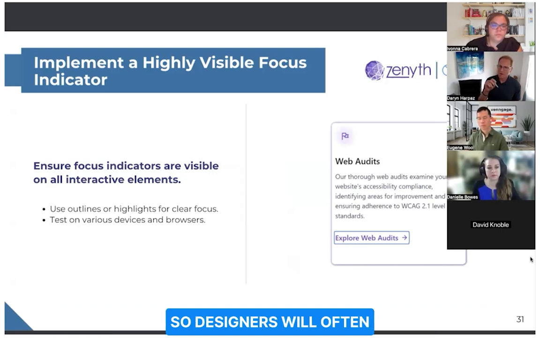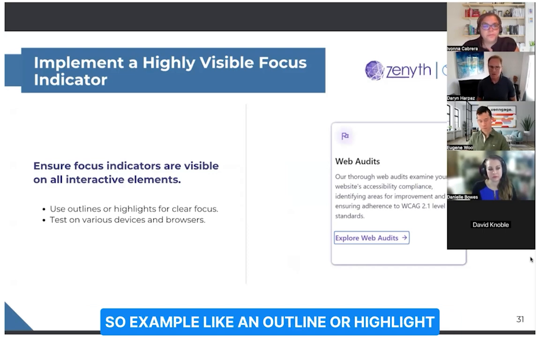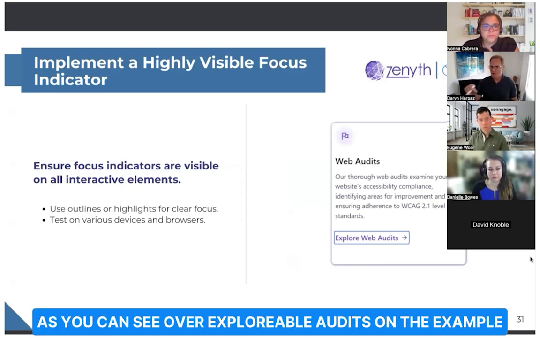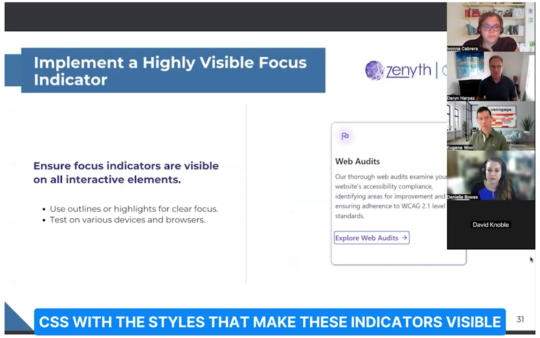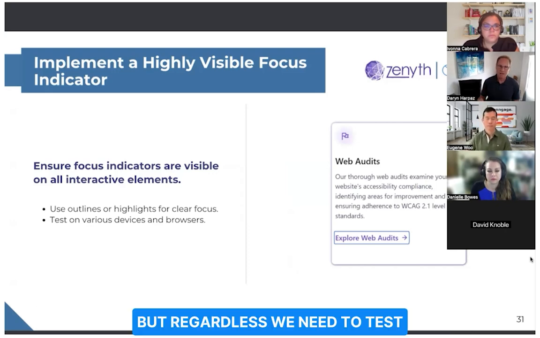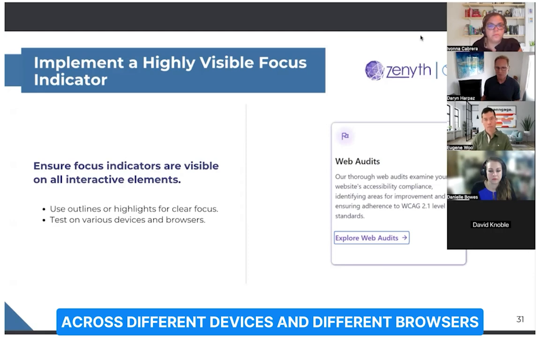So designers will often define the appearance of the focus indicator, for example, an outline or highlight, as you can see over Explore Web Audits in the example. And developers will go in and implement the CSS or the styles that make these indicators visible. But regardless, we need to test and make sure that it's working across different devices and different browsers for consistency.